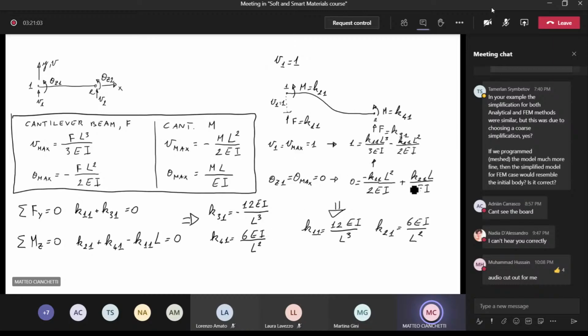Now we have all the 4 elements to set the first column of the stiffness matrix. If you repeat this same procedure, activating one by one the other degrees of freedom, you can calculate one by one all the columns to develop the stiffness matrix of the element that we are considering.